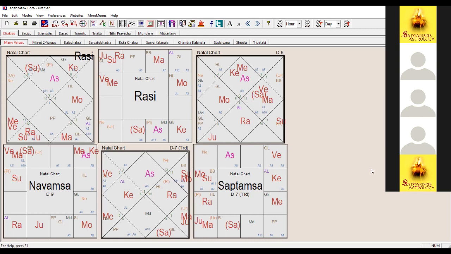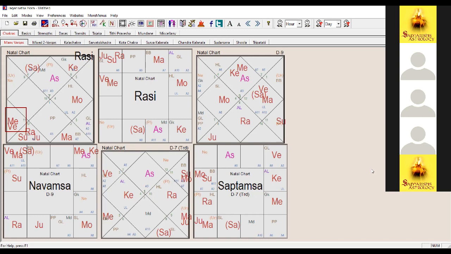Now you have to check where that Aquarius sign falls in the D1 chart. Aquarius is the fifth house. Okay, now in your note, write down the fifth house also.